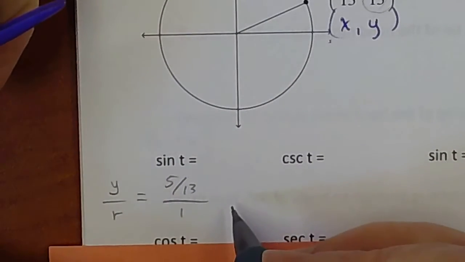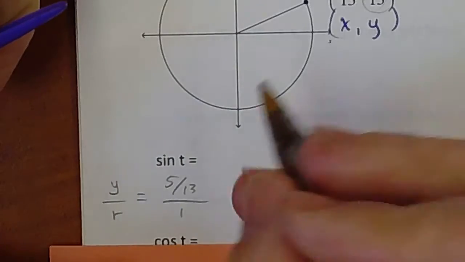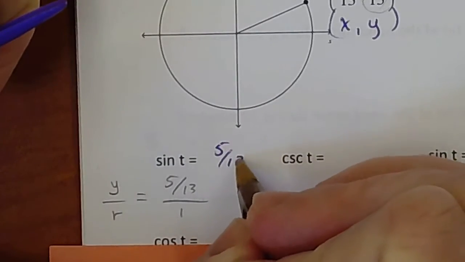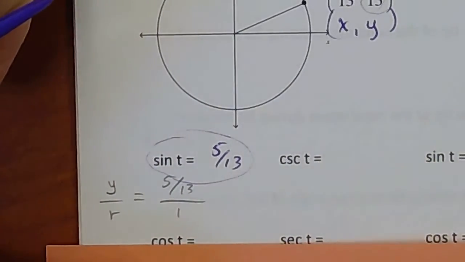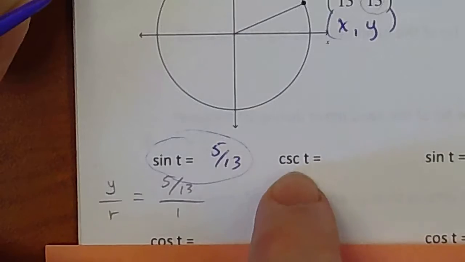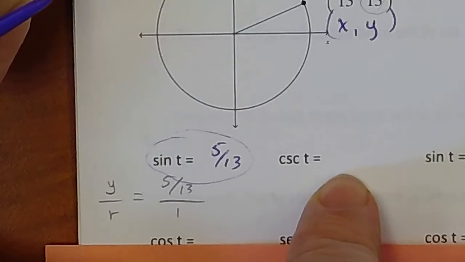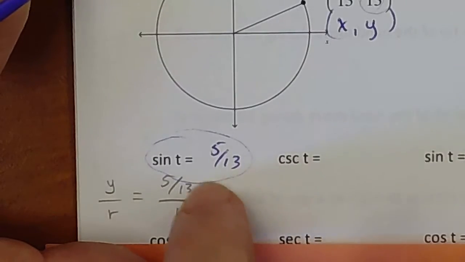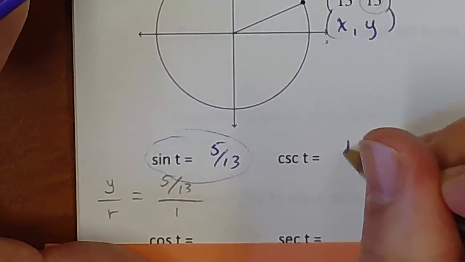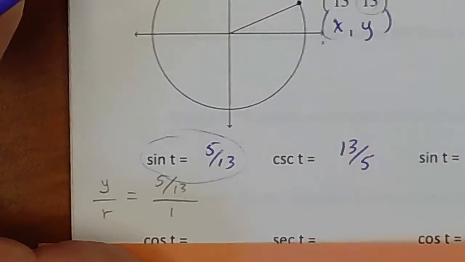Okay, so the answer simplifies to 5/13. That's the answer to sine, right? Now remember, sine and cosecant are reciprocals. So you don't need to start over again and do r over y. If you have this, just flip it over. It's 13/5 for cosecant.